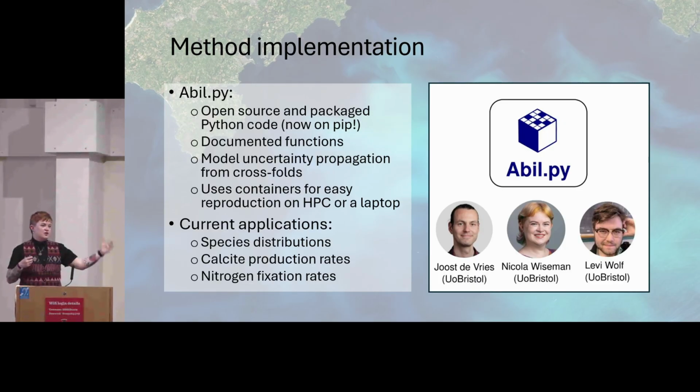So it is a fully documented package that includes model uncertainty propagation across the crossfolds within each model, and uses containers for easy reproduction on a high-performance computer system or a laptop, and has been applied to a couple different applications so far, including individual species distributions, calcite production rates, nitrogen fixation rates. And so the team that is working on this includes myself, Joost de Vries, and Levi Wolf, who are both at the University of Bristol School of Geographical Sciences.